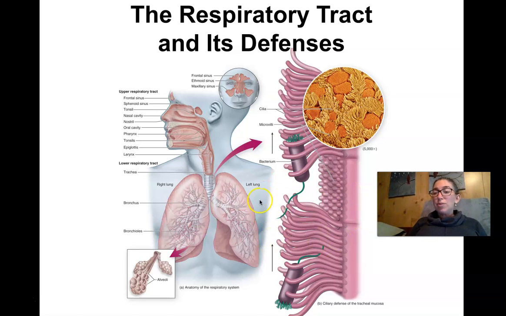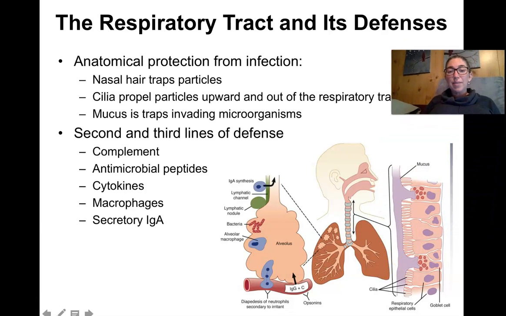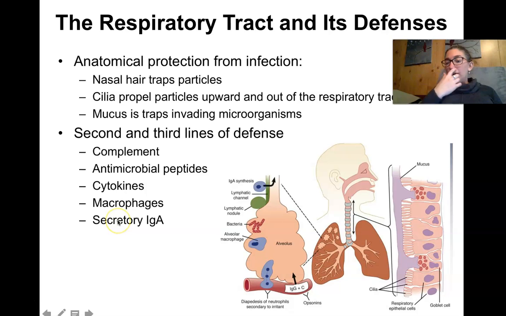You also have mucus producing cells, and the cilia help to move that mucus up and out as well. And the mucus, of course, will contain things like IgA, secretory antibodies. There are macrophages built into the lung tissue. There's other antimicrobial proteins.